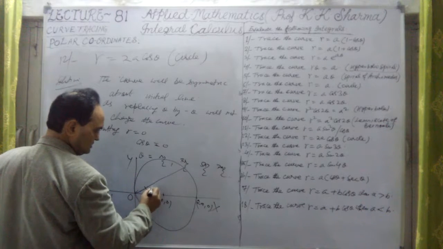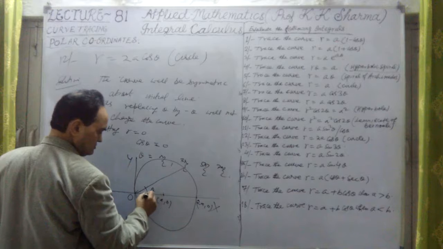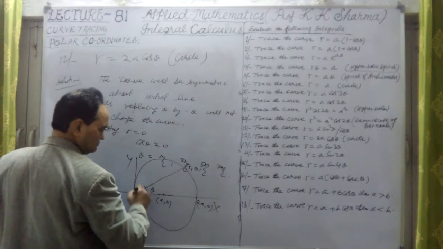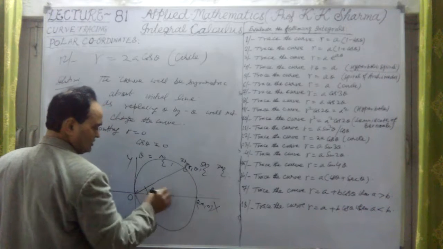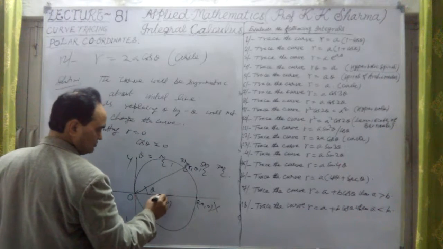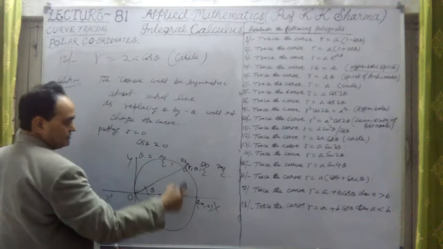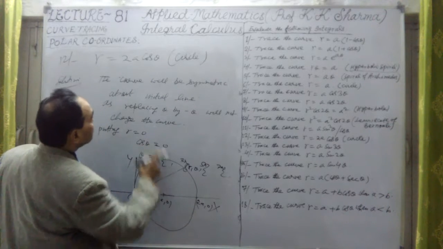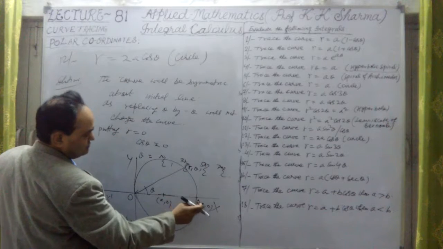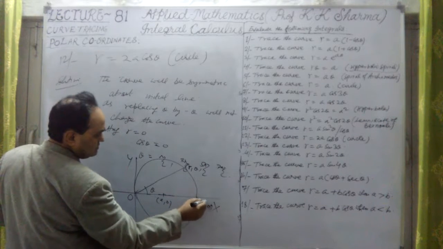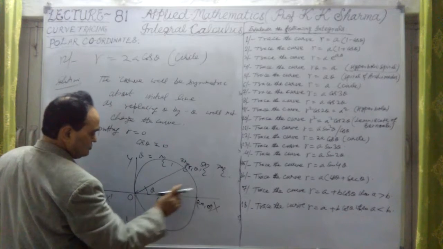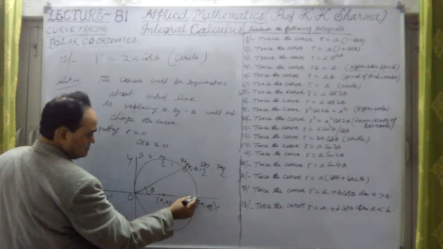If I take theta at this angle, the point is r, theta. The maximum value of this curve is at 0 degrees, where r equals twice a. So this is the total distance.